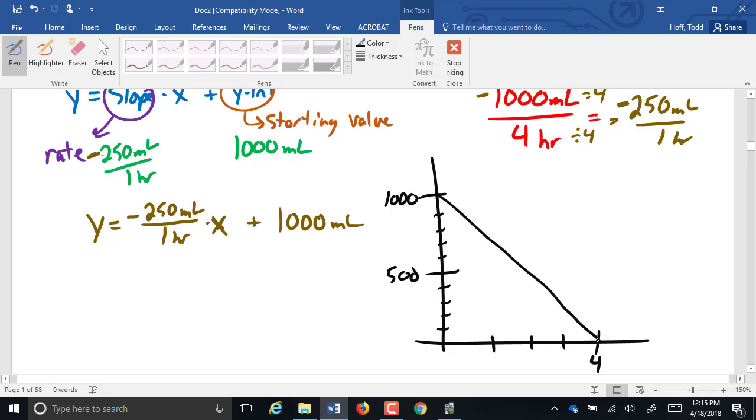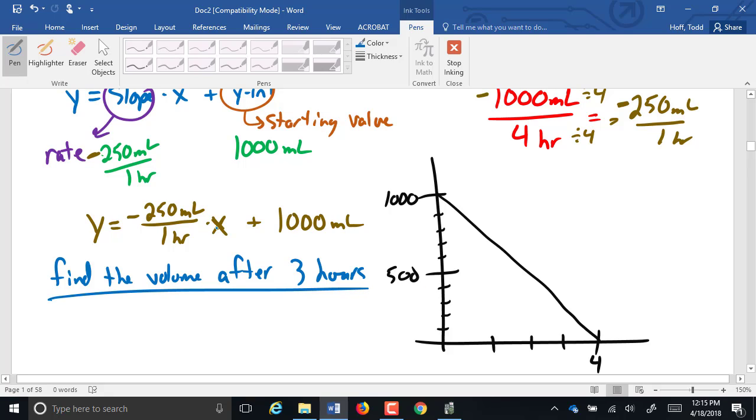Now, again, I can ask questions on this. Now that I have that equation, I might ask, find the volume after 3 hours. So I'm going to put 3 in for x. X, remember, represents the time.